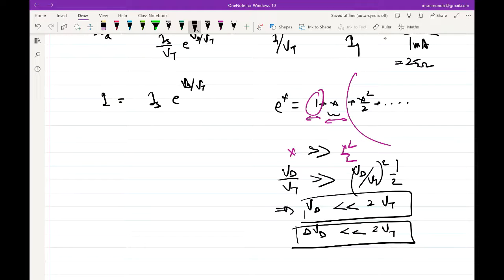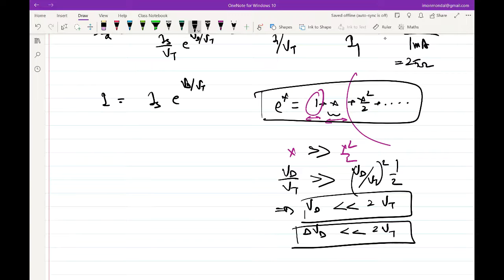In a generic case where we expand around some Vd, x gets replaced by Vd plus delta Vd over Vt. You do the calculations and you end up with the condition that delta Vd must be much less than twice the thermal voltage, which essentially means how much? 50 millivolts. If it is much less than 50 millivolts, we are good.